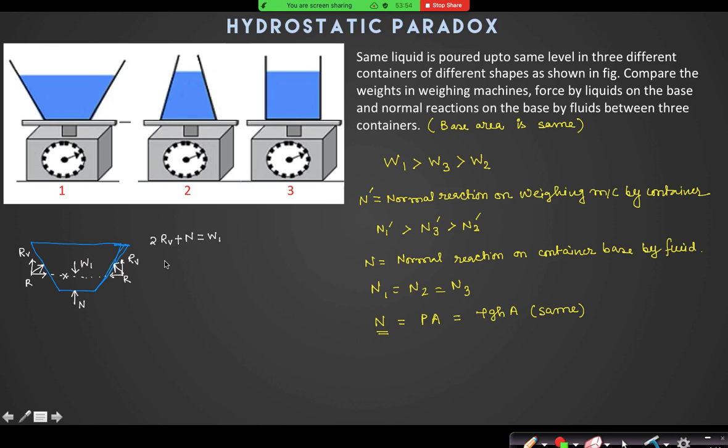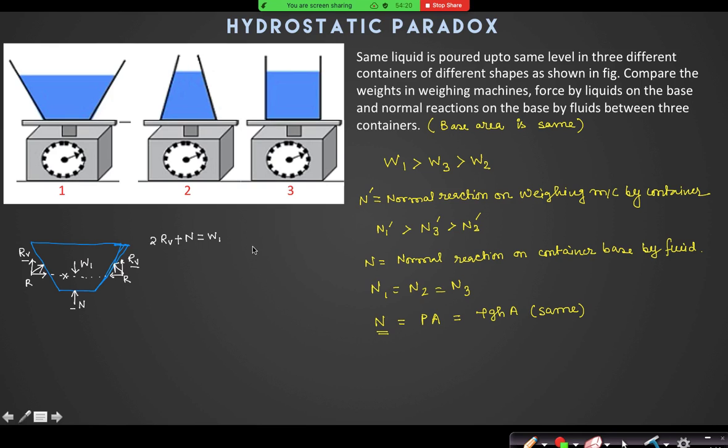Yes or no? Look, if I add the vertical force 2RV to N, it is equal to W1. N is the same for all of them. As I am adding something to N, W1 is more.